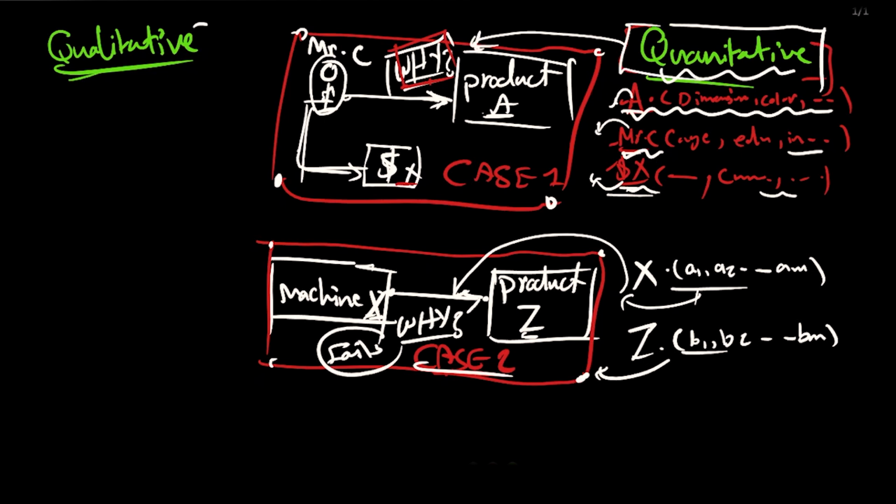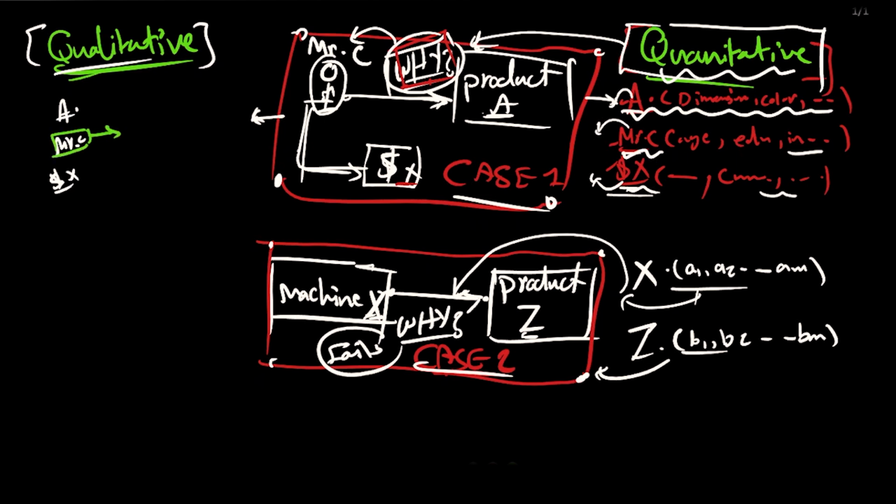Now let's go to the qualitative paradigm. Case 1, we will also create A and Mr. C data, amount X, and everything stays the same. But the only difference is the entire research is about why not any customer, whoever he or she is, but why Mr. C in particular purchased product A and paid that much.